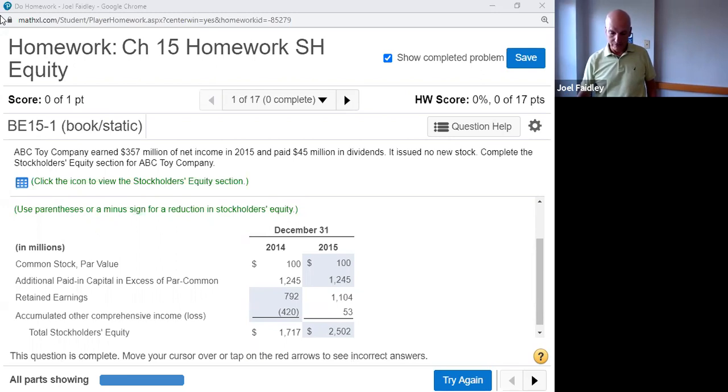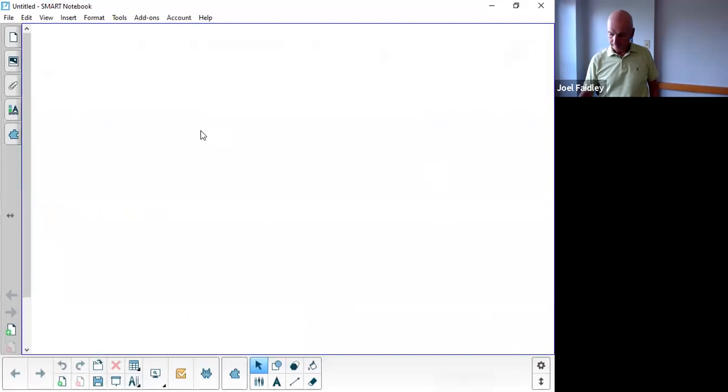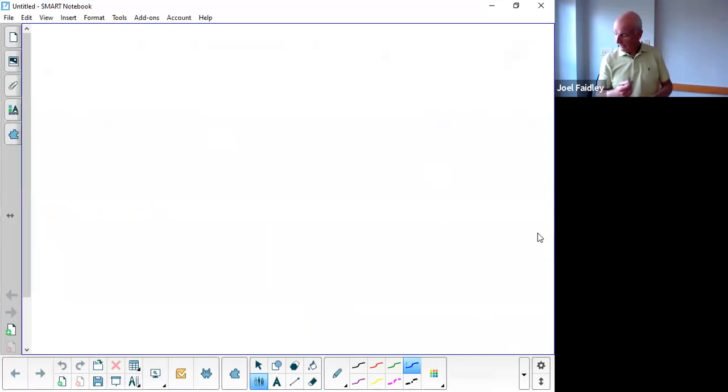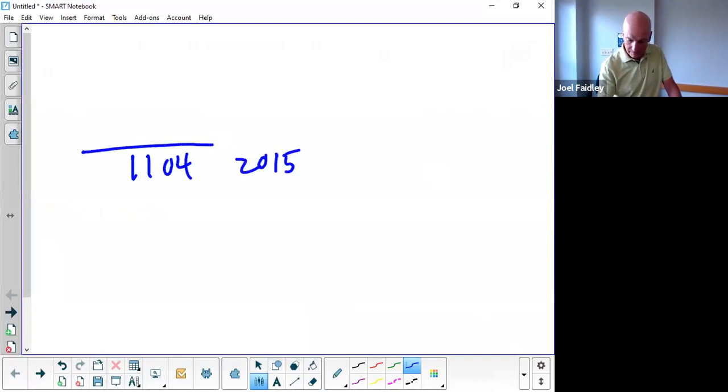Let me find the notepad over here. Smart notebook. So if we end up with 1104 in retained earnings for 2015, that was given, and it said our income was what, 357?